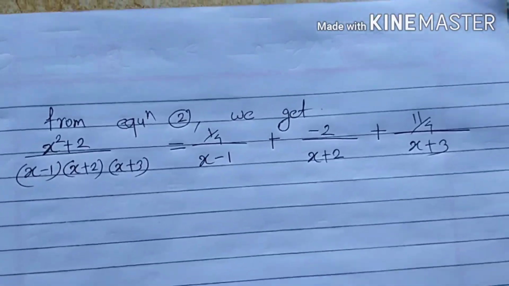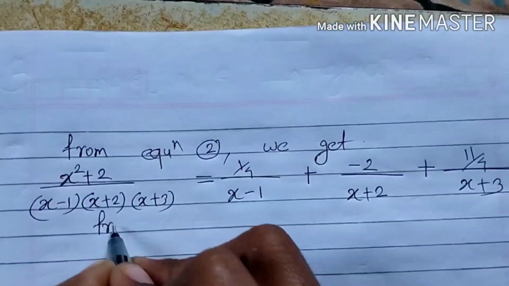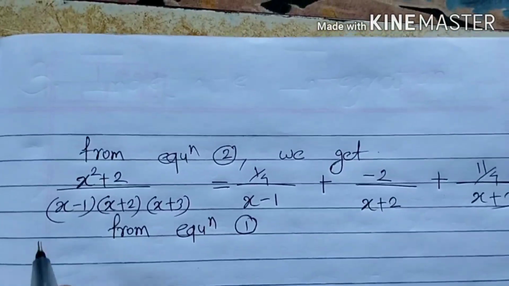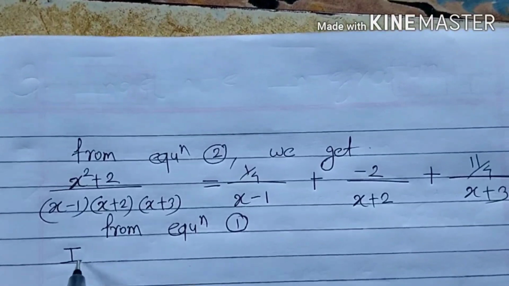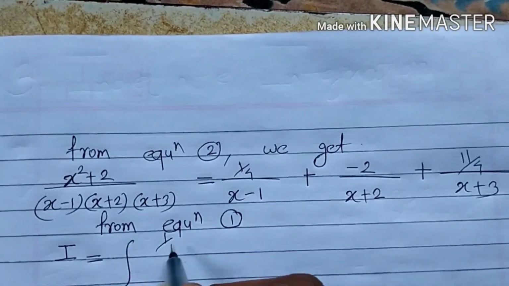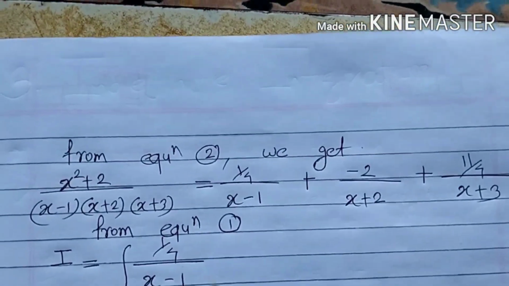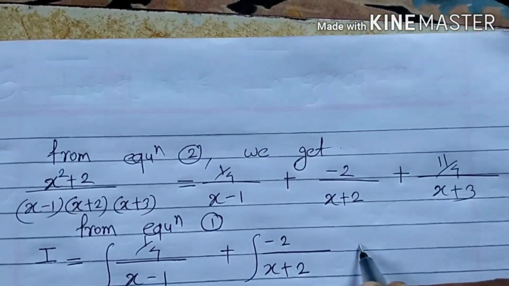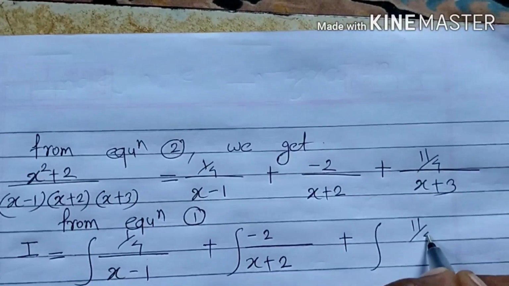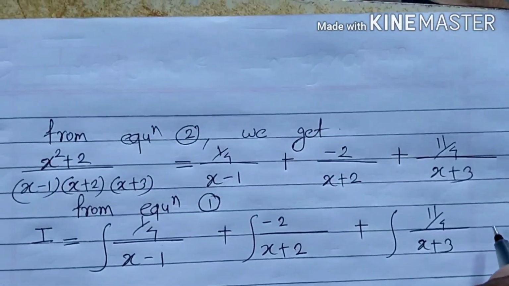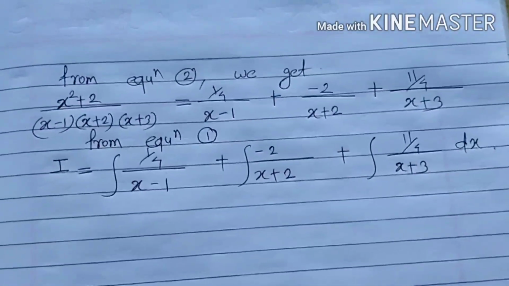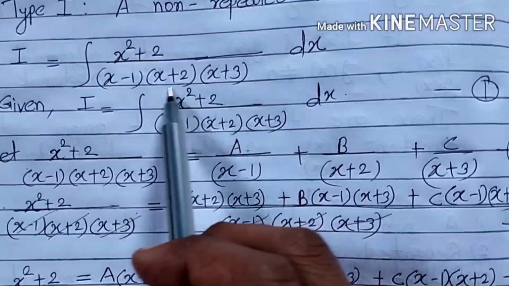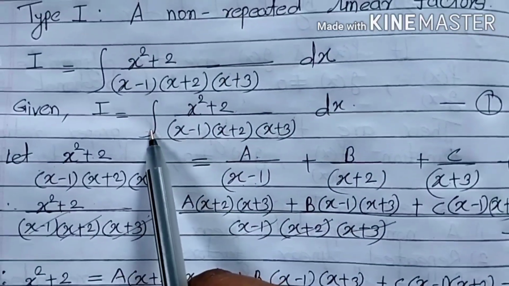So from equation first, I is equal to integration of 1 upon 4 into x minus 1, plus integration of minus 2 upon x plus 2, plus integration of 11 by 4 upon x plus 3 into dx. You can observe that x square plus 2 means this, and this is our integration.